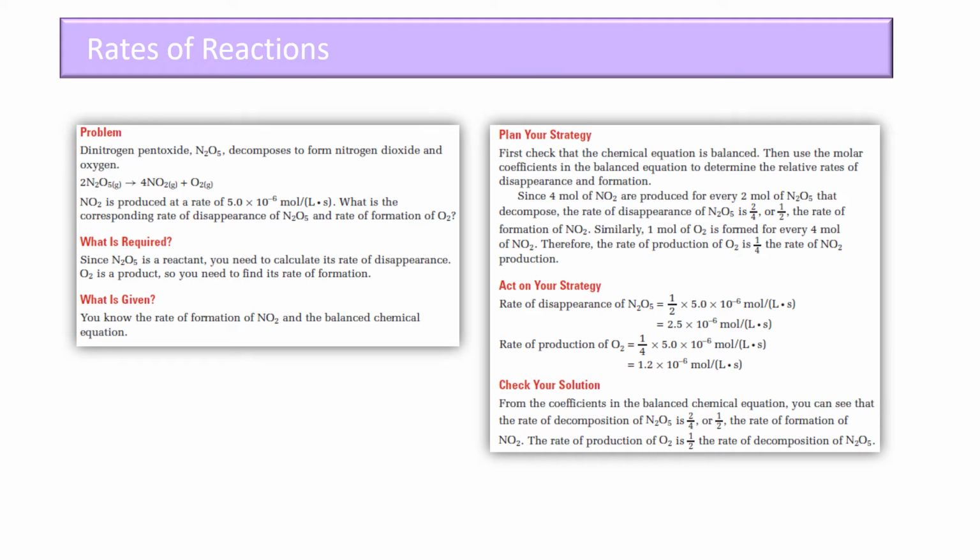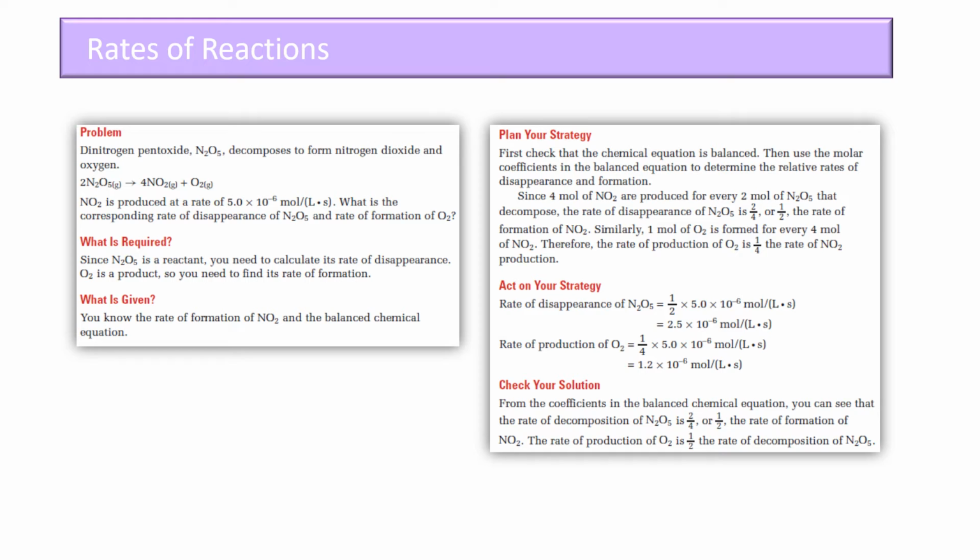Now we're going to look at this problem again. Dinitrogen pentoxide, N2O5, decomposes to form nitrogen dioxide and oxygen. If we write this as an equation, 2N2O5(g) produces 4NO2(g) plus O2(g).